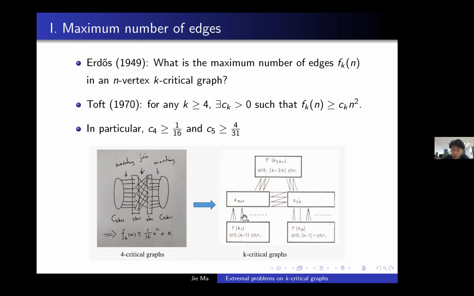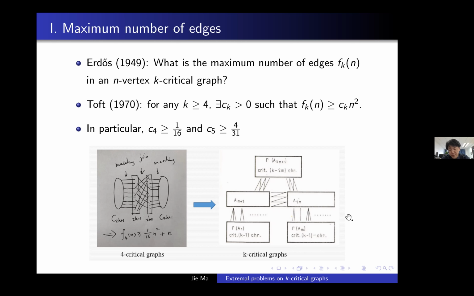For all of those parts, we put a perfect matching between the part and a new graph, which is a (k-1)-critical graph. Here m is 1, so we have 2 parts, and for each of the 2 parts we put a 3-critical graph, which is an odd cycle, and put a perfect matching. But in general, you can just do this. The graph so defined will be k-critical.